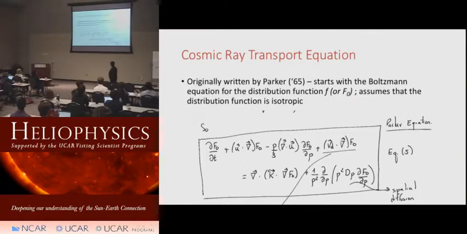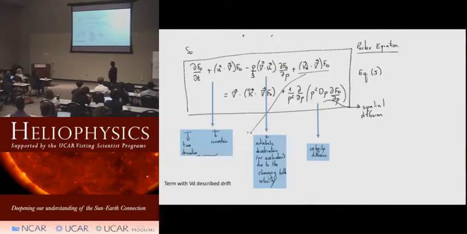So this is an equation from Parker, and here is my map, my guide, to what those terms are. I think this is the most important stuff for you to get out when you see these equations: getting a good physical intuition for what they are. So here's the first part: you're describing the evolution of a distribution function. Give me a distribution function, how it's evolving in time, and how it's going to evolve spatially if it's convected by a flow, U. And you have a term here that we're going to come back to later that has to do with acceleration.